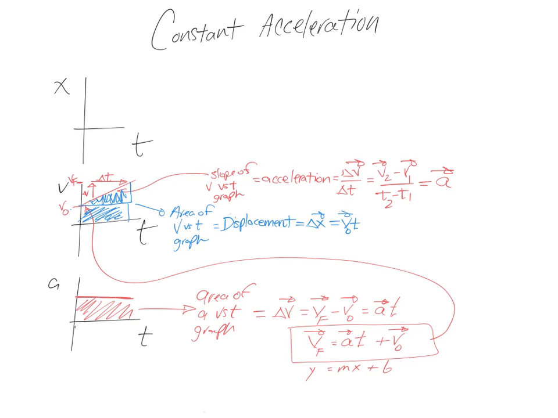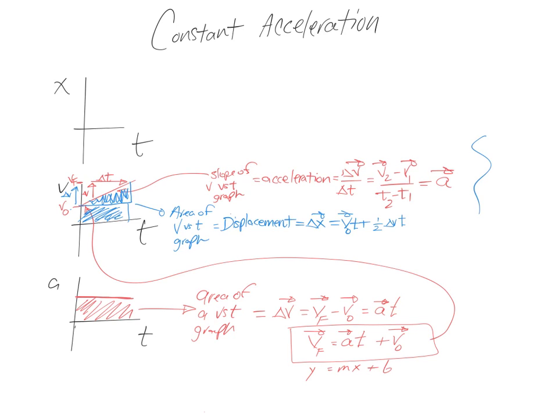Now let's deal with this part, that triangle. Going from here to here, that's our change in velocity, right? So plus, we got to add that triangle part. So that triangle is going to be one half change in velocity times time.